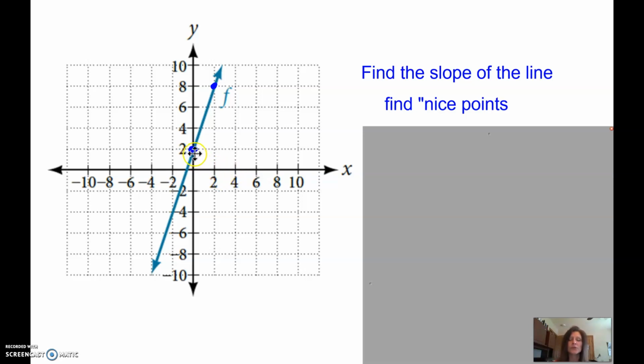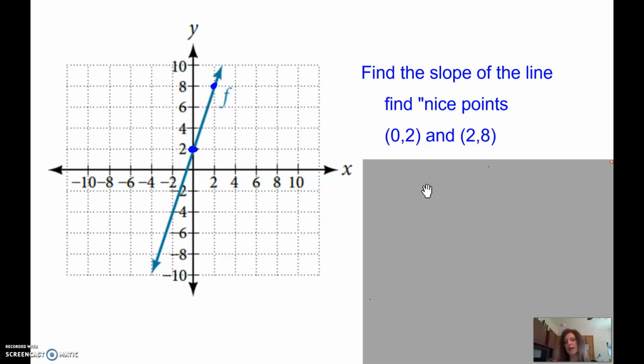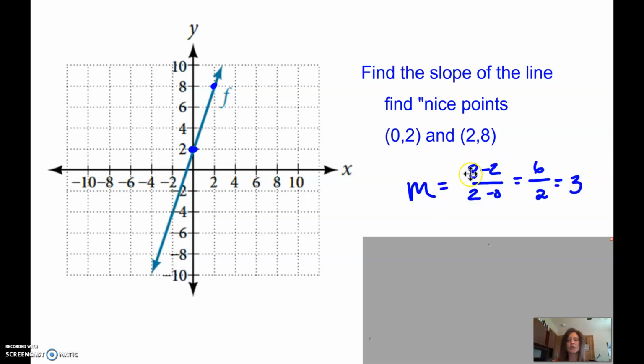So I'm going to choose 0, 2 right here on the y-axis and 2, 8 as my nice points. Once I have those, I follow our formula, which says you take the change in the y's, y2 minus y1, over the change in the x's, the 2 minus the 0, and we simplify and get a slope of 3. And that's a positive number.